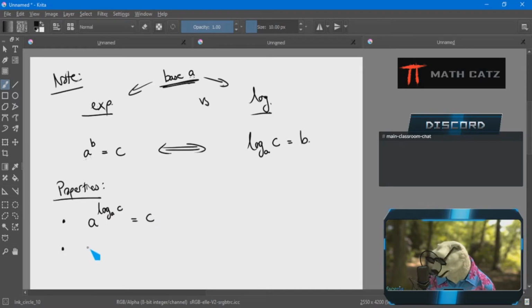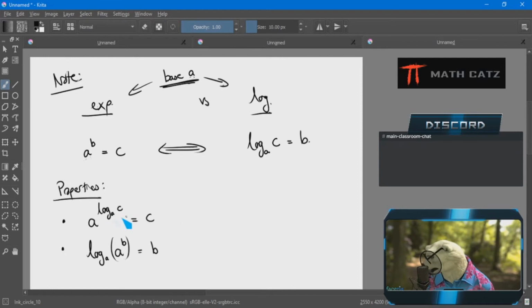It's really quite simple. And the other one, log base a of a to the b, is just b. Because inside the log, I have an exponential calculation. What is the power of a that would get me a to the b? Obviously b, right? If you understand how these things are related, these are trivial.